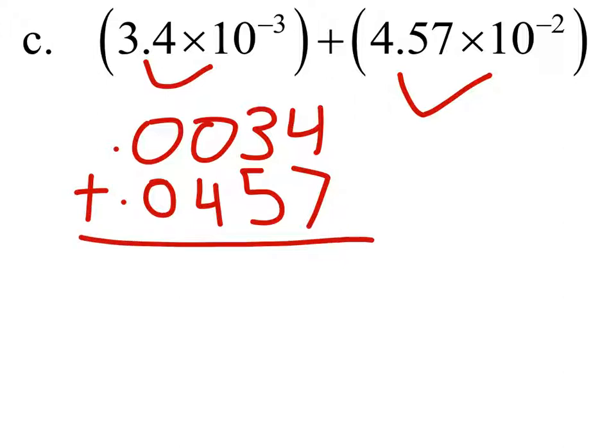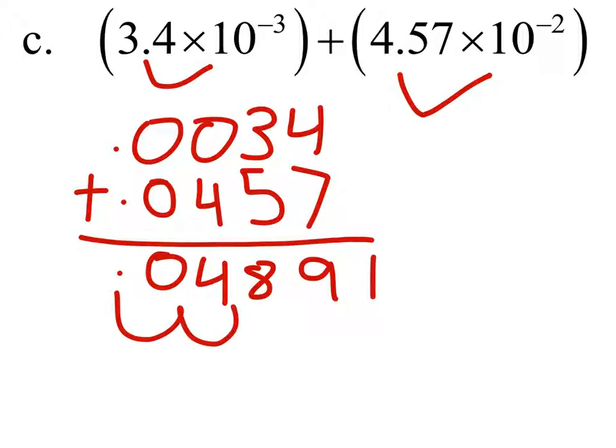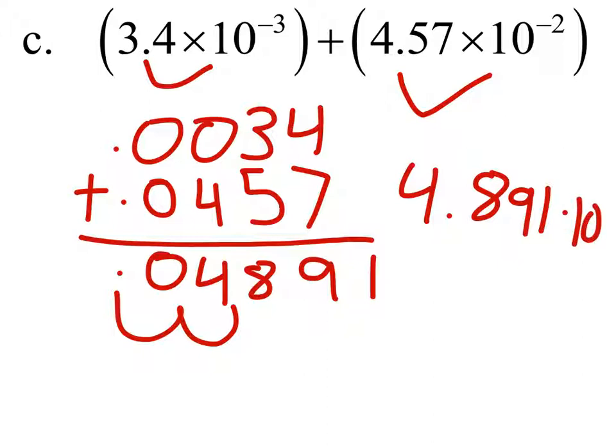And then that would equal 0.04891, and then you change this into scientific notation. So you move that twice, which would be 4.891 times 10 to the power of -2.